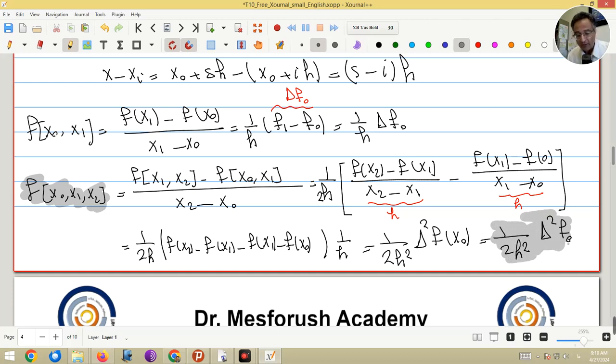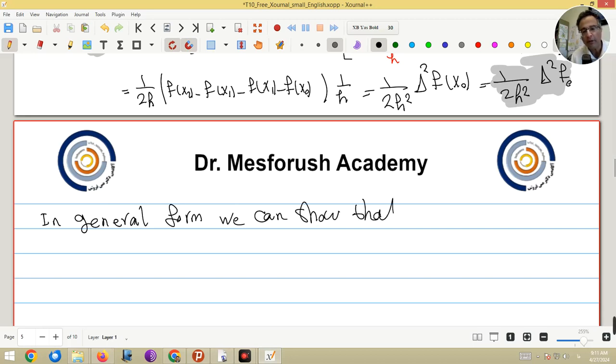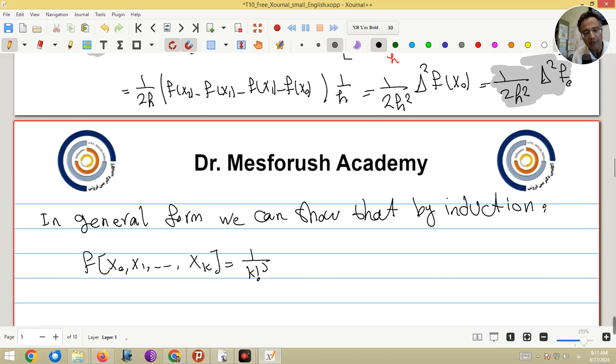In the general form, we can show by induction that f of x0, x1 to xk is equal to 1 over k factorial h to the k, delta to the k of f of x0.